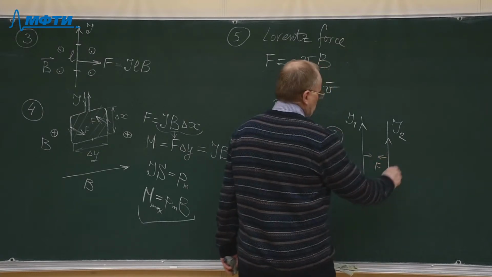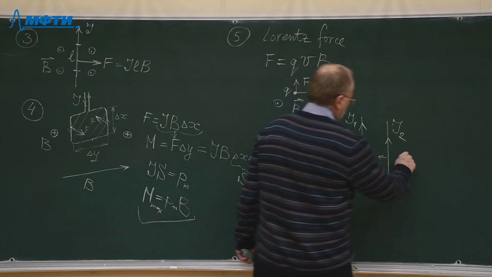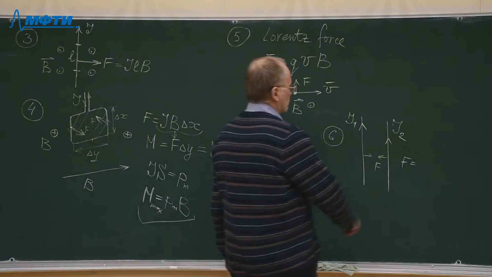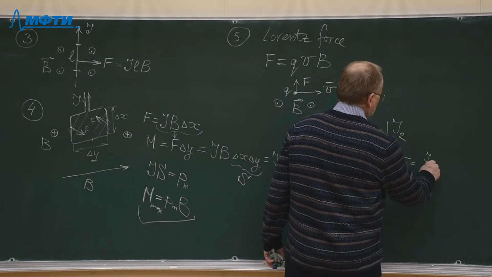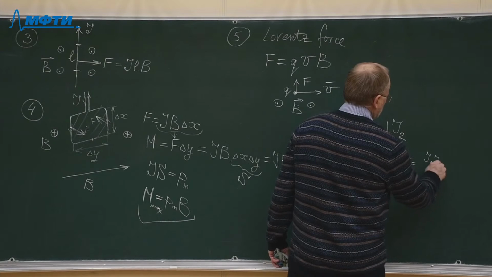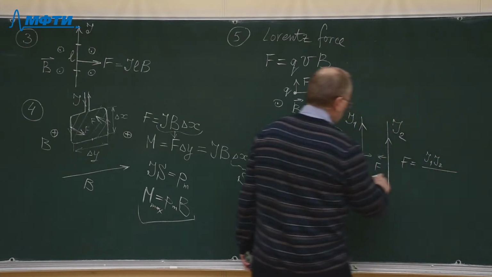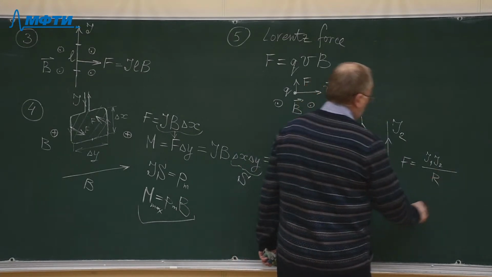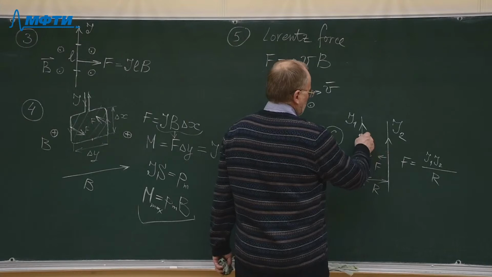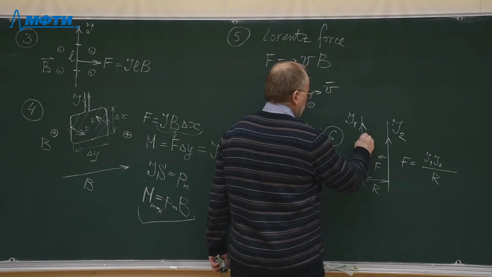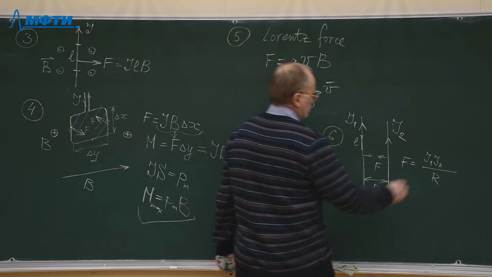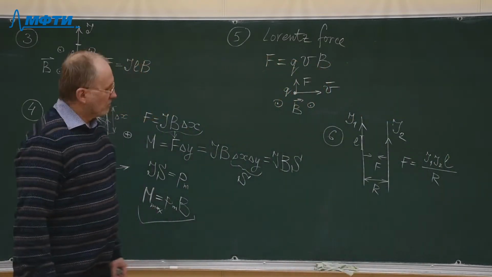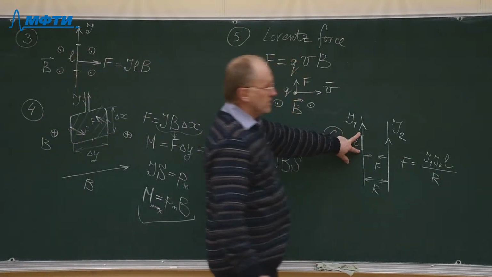The force of attraction will be proportional to the first current, proportional to the second current, inversely proportional to the distance between the currents, and directly proportional to the length of the section of the current which is chosen to measure the force acting on it.